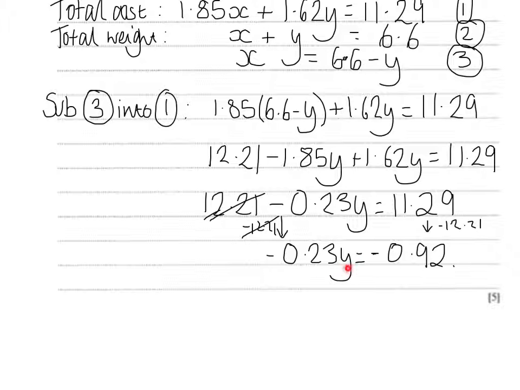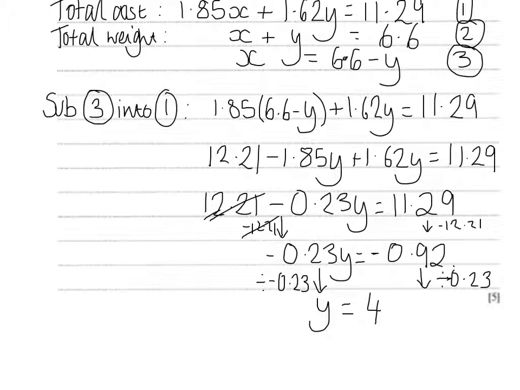I want to get the y by itself, so I've got to get rid of this in front. So I divide both sides by the coefficient, minus 0.23, which gives y equals minus 0.92 divided by minus 0.23, which if you put that out on your calculator, gives you 4.